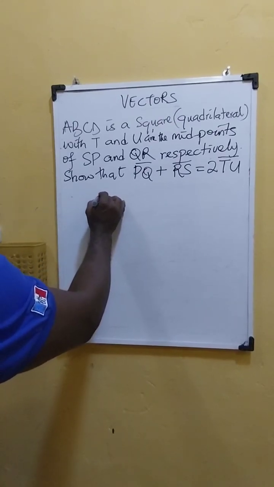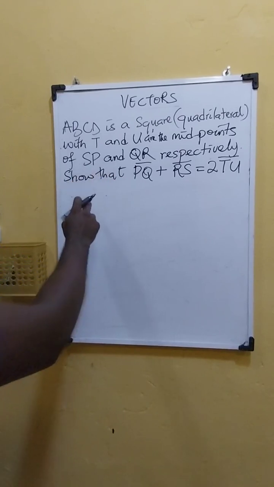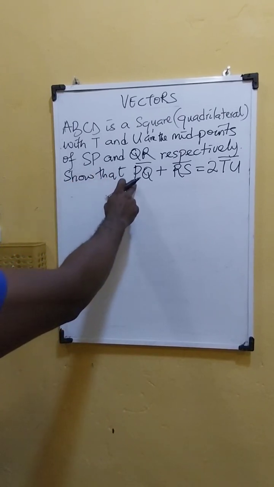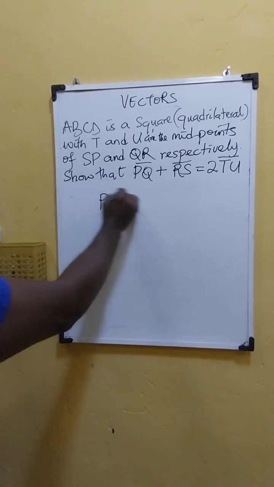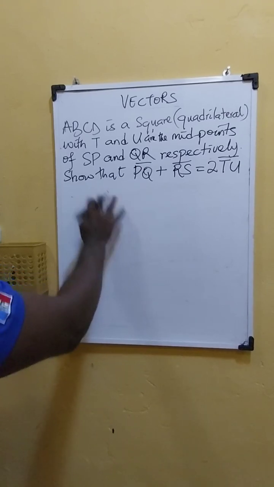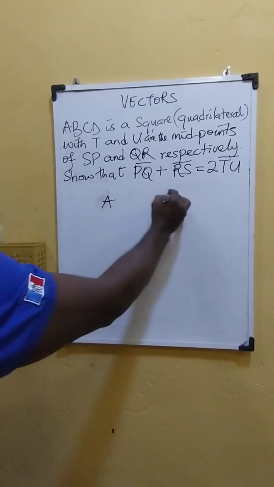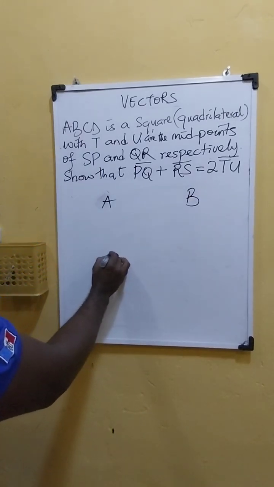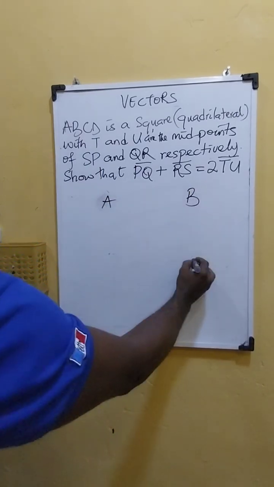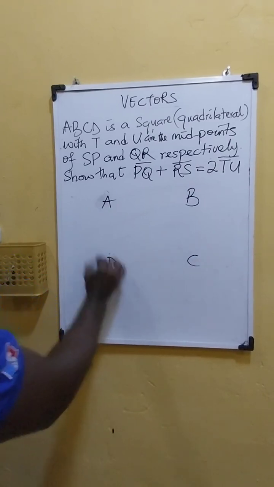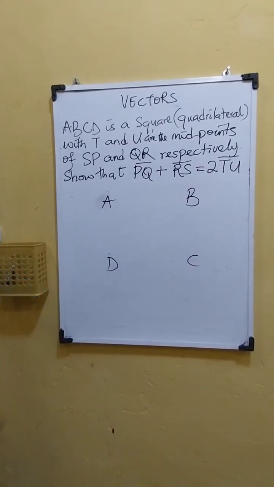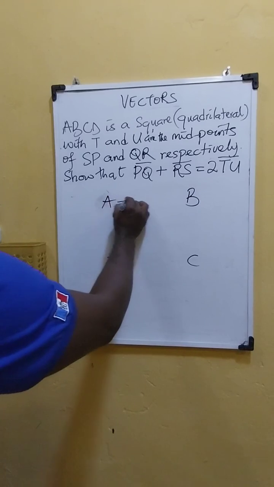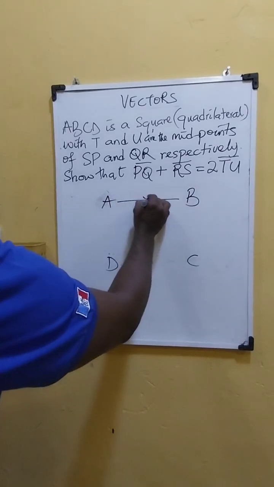So you are told that PQ. So what you are first to do is what? AB, and AB, C, D. This is the movement of the vector.